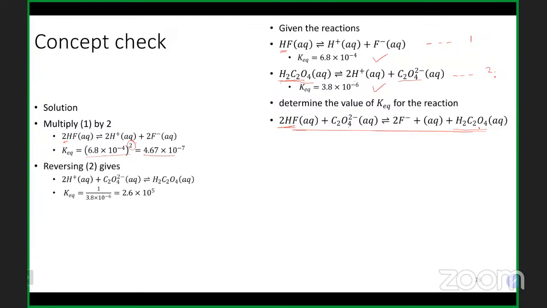So if you reverse reaction 2, then you have C2O4 on the product side, H plus on the reactant side. And this means that we need to find the reciprocal of the given K equilibrium. Reciprocal is 1 divided by the original value. So that gives us that.